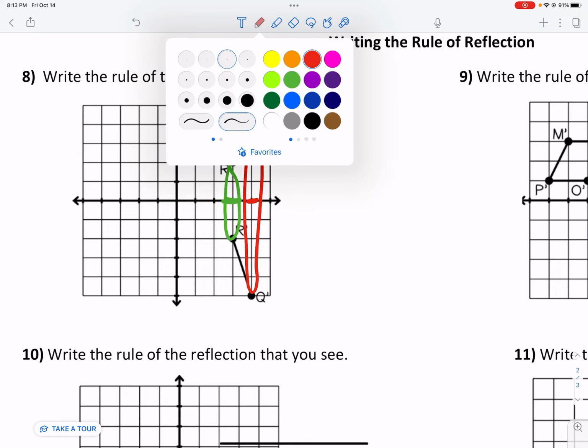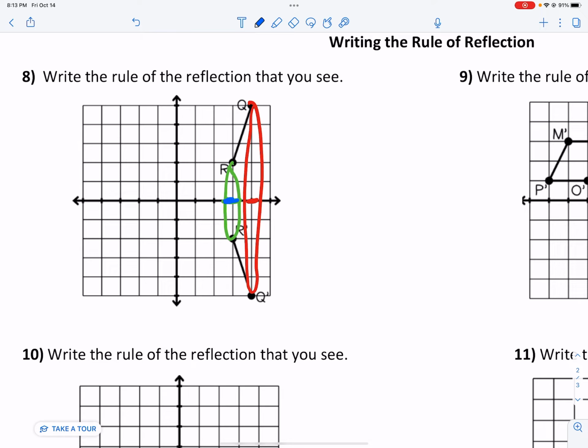And now I'm starting to see that this line is here, and this is the x-axis. Or you can say y equals 0, because that's what the x-axis is.